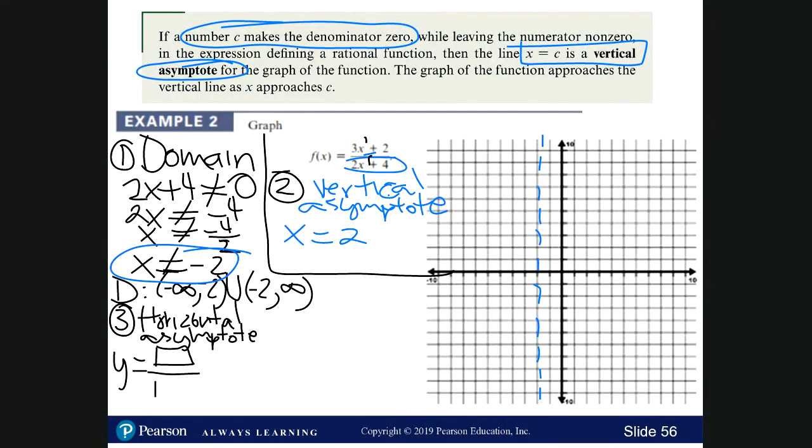So those will be the big numbers that are with the x to the power 1. So we will have a 3 and a 2. So that will be the ratio between 3 divided by 2. So in other words, the horizontal asymptote will be the line y equals 3/2. And if you feel more comfortable, we could call it 1.5 as a decimal. And so we're going to graph this one, horizontal line. It goes there.